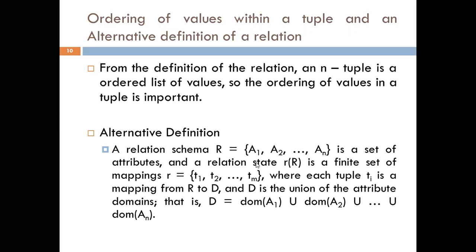For example, in our student table, USN was the first, name was the second. Whenever we are referring to that particular student relation, we will explicitly specify the name of the attribute. So instead of specifying USN comma name, we can write name comma USN. Then it indicates the first one is a name and the second one is a USN. When we explicitly write the attribute names, the ordering of values becomes irrelevant.